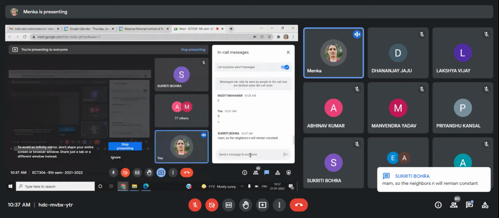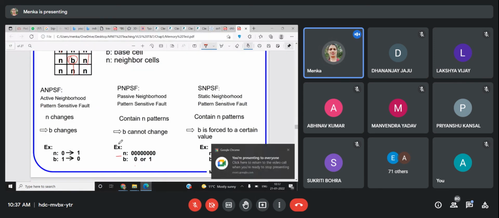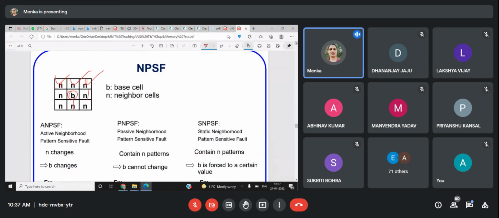Neighbors n will remain constant. No, whatever pattern we are thinking, according to that pattern, whenever you put that pattern in the memory, see, memory means all these are the elements of the memory. All these neighboring bits are the elements of memory. So let's say you want to save some certain pattern, as I told you, 110 110.